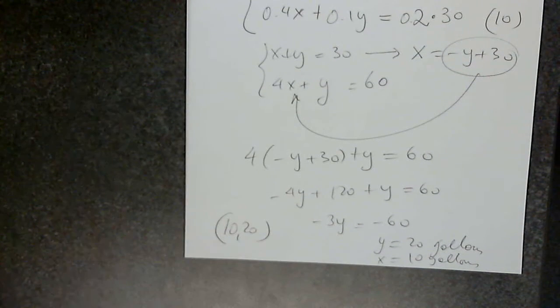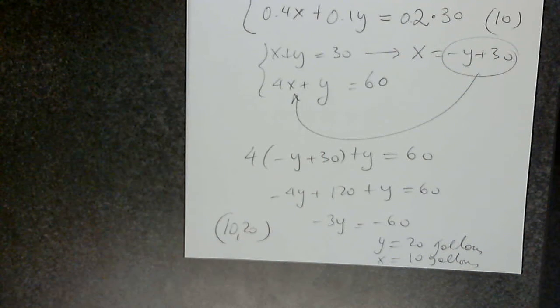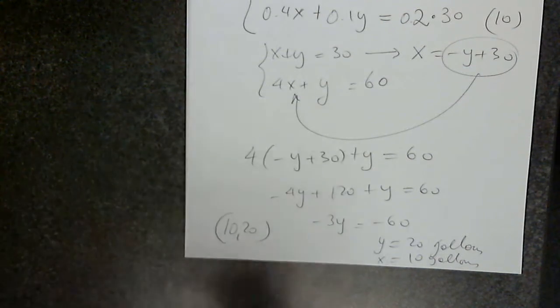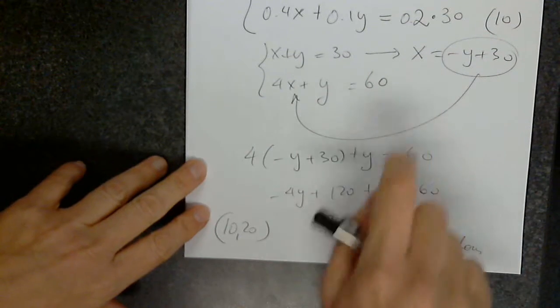Okay, x equals negative y plus 30. What do we do? Let's say it again. You get x equals negative y plus 30. I subtracted y from both sides to solve for x.